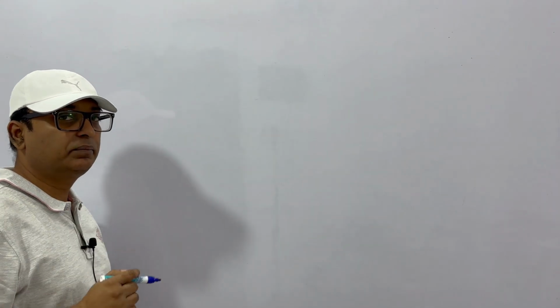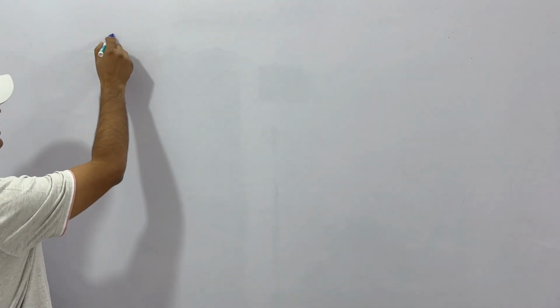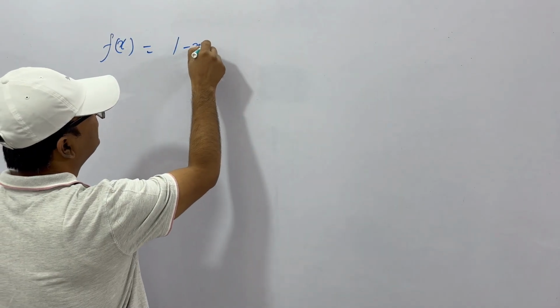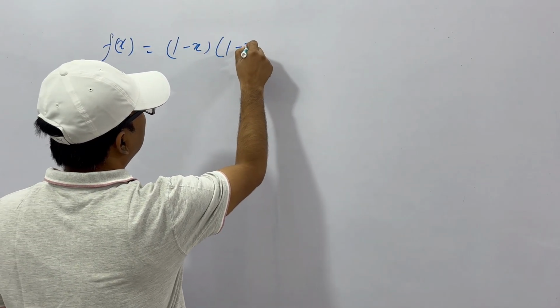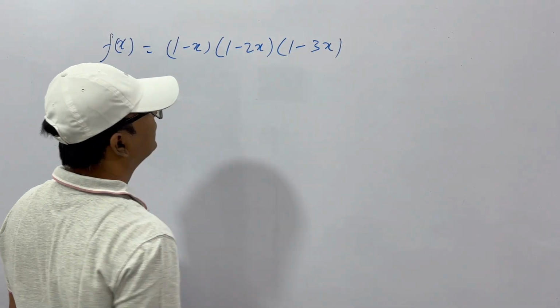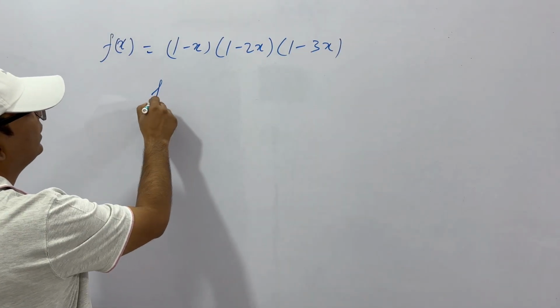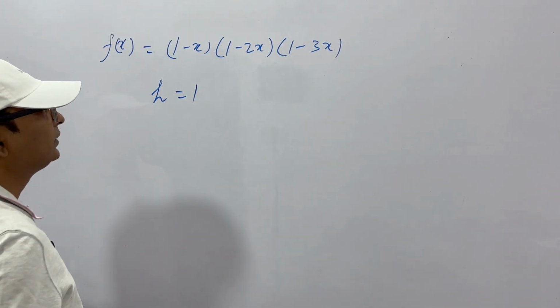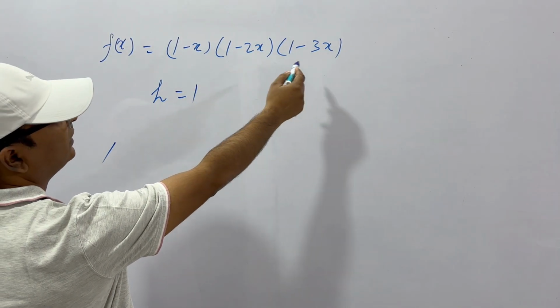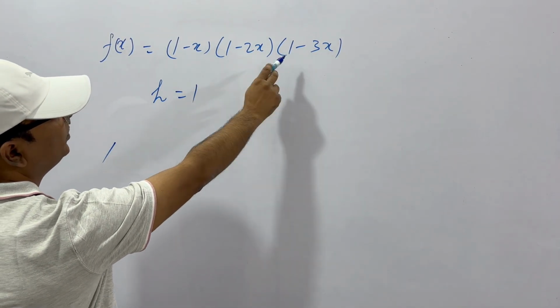Now let's see an example to understand this. Let our function be (1 minus x) into (1 minus 2x) into (1 minus 3x). Let the interval h be equal to 1. This is nth degree, this is third degree, a cubic equation.